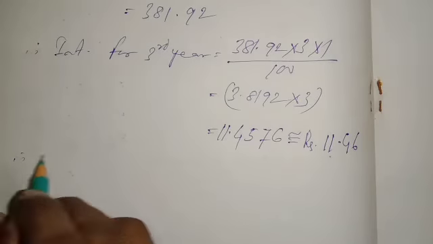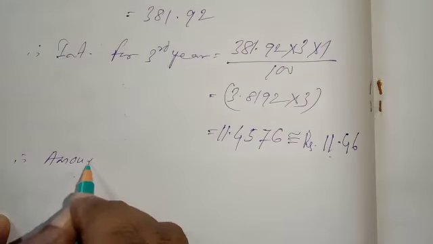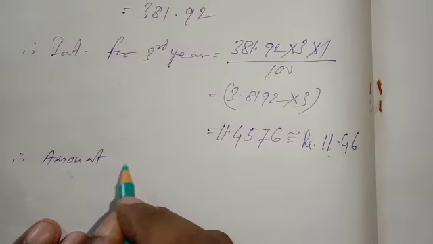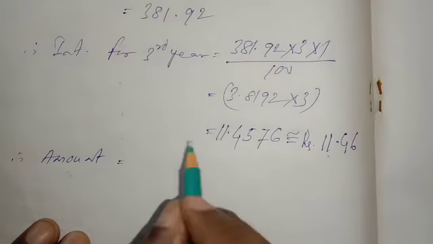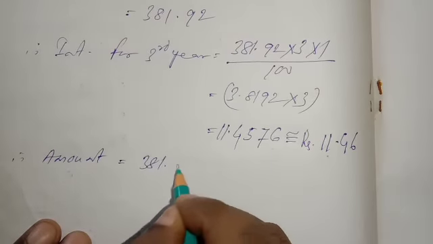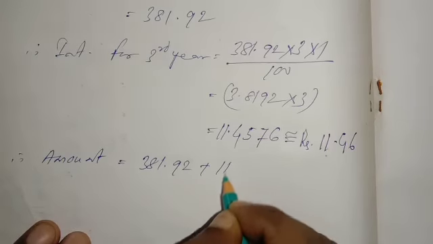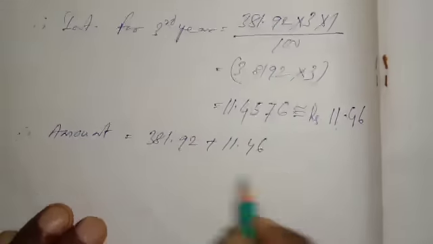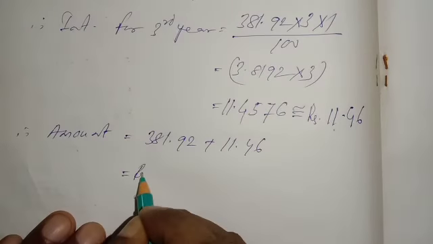Therefore final amount after 3 years, the last principal was 381.92 plus 11.46. Just add, this is the final amount.